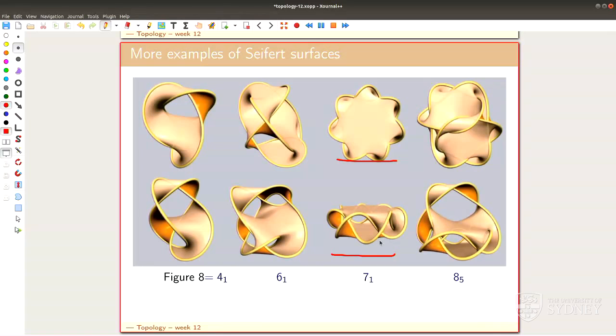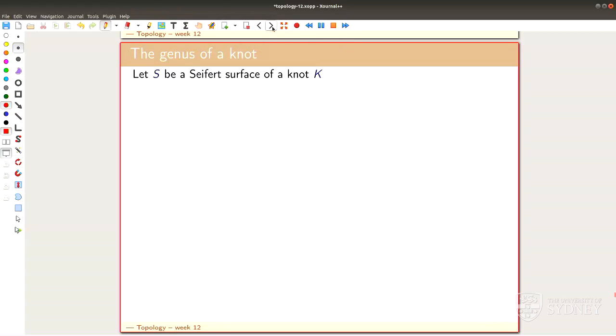It doesn't really matter what they are, but in principle you can run through the whole list of knots and you get all of these little beautiful surfaces. It's a very, very cute idea, and it's very, very powerful. That's what I'm going to do in the remaining part of the lecture.